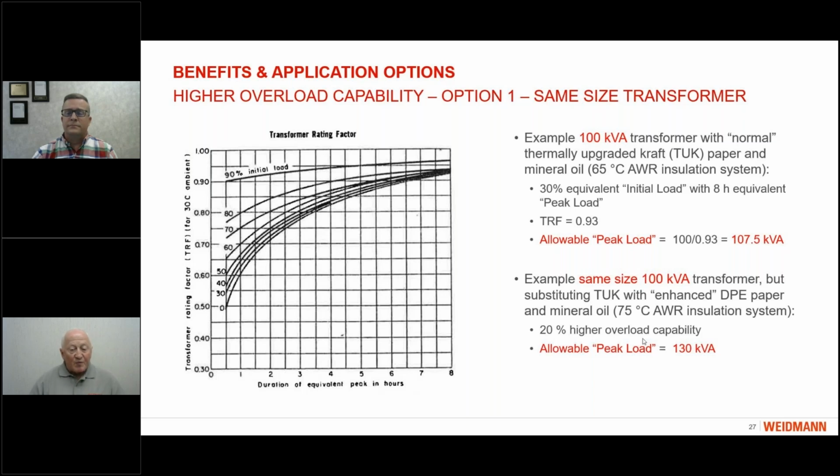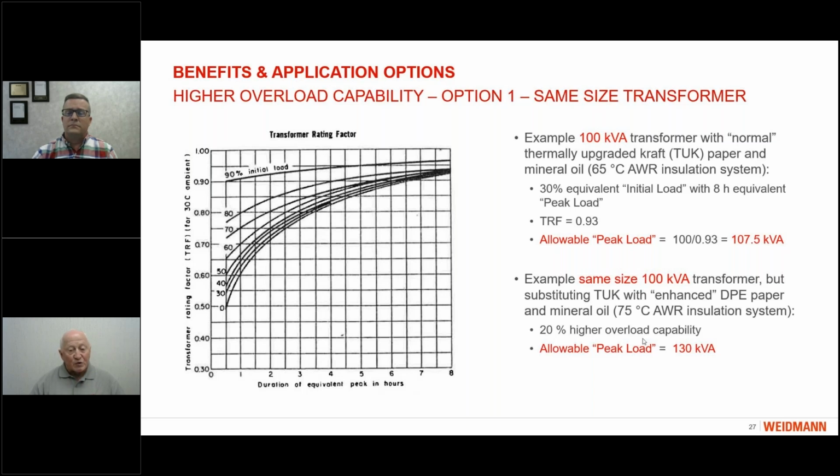If we simply substitute the thermally upgraded kraft paper with this enhanced DPE paper in mineral oil, then we have this 10 degrees additional safety margin in thermal capability, which actually translates into about 20% higher overload capability.